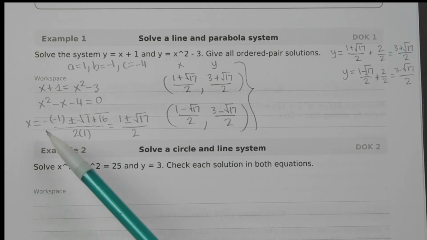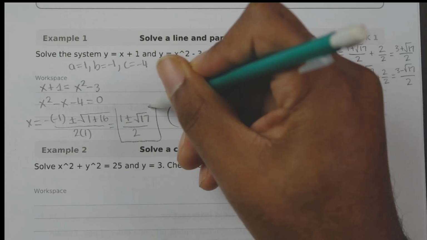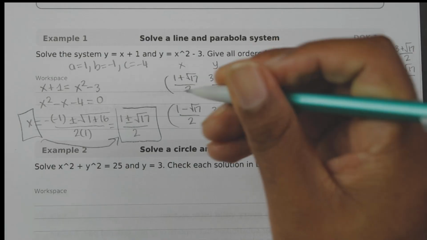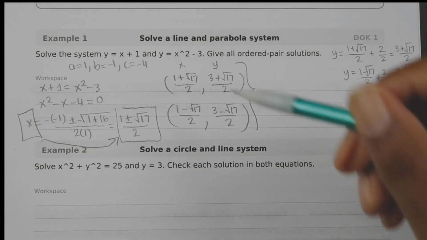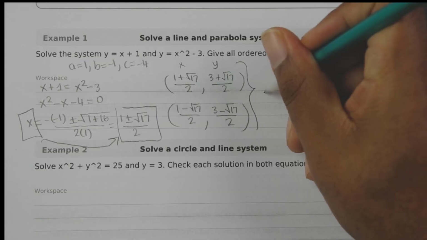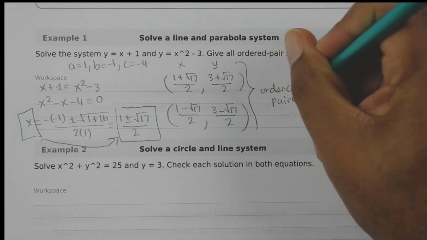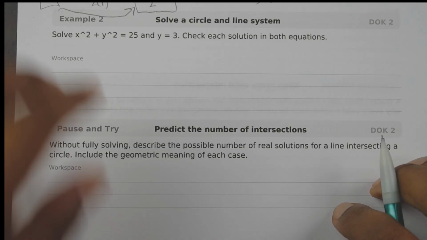So you just keep in mind that this part is very, very important, because the x in this case generated two solutions. And then input these into the equation and solve to get the desired ordered pair. Okay, very, very important. Okay, let's continue.